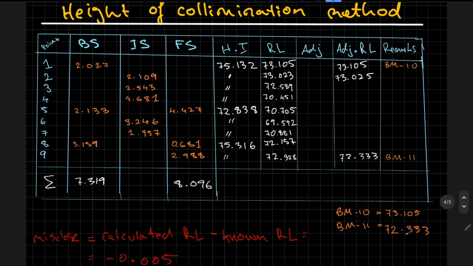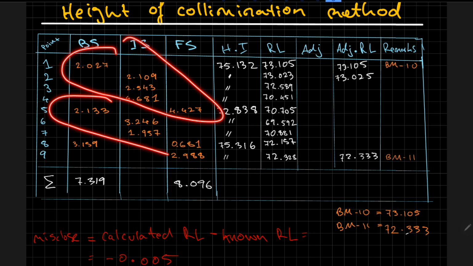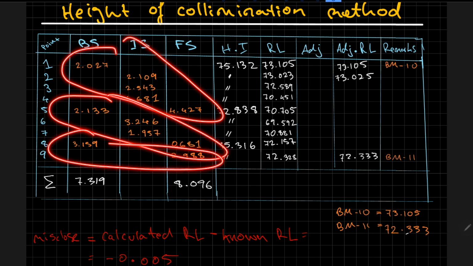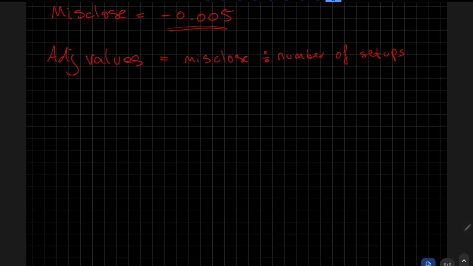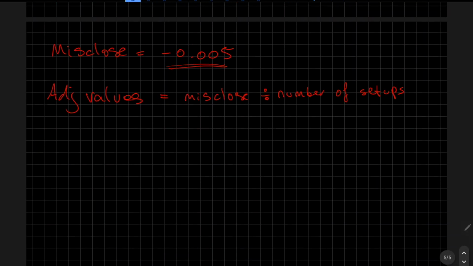Let's count how many setups we have. One setup here, two setups here, three setups here. So 1, 2, 3. This will be equal to minus 0.005 divided by 3, and this is going to equal 0.0017.